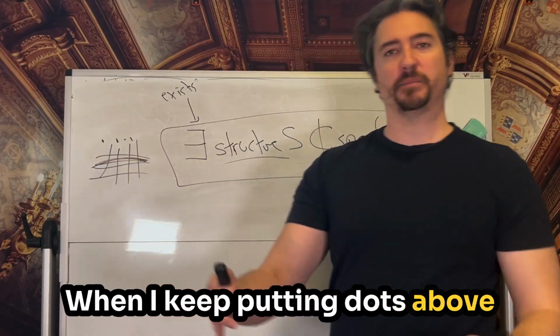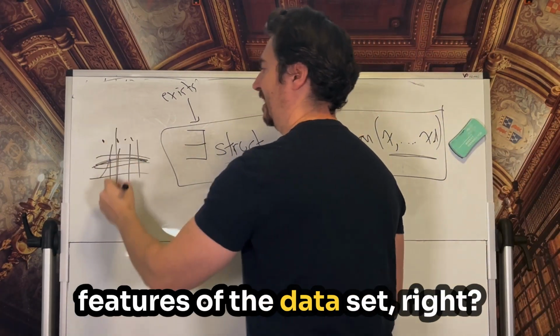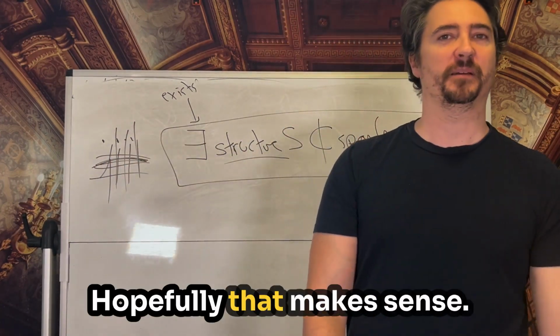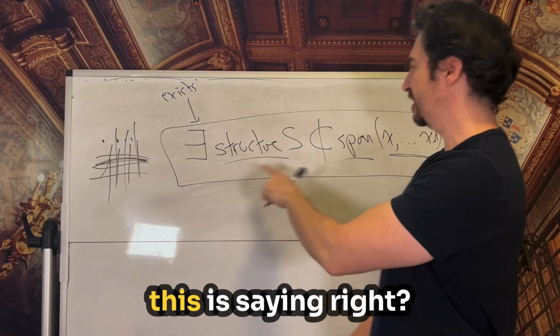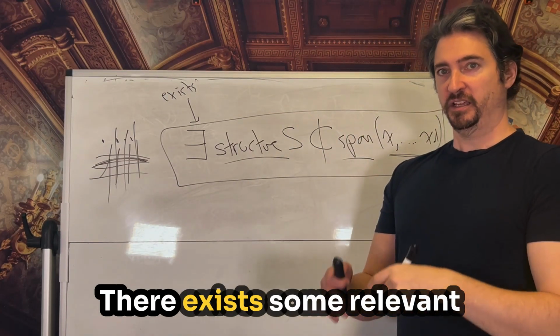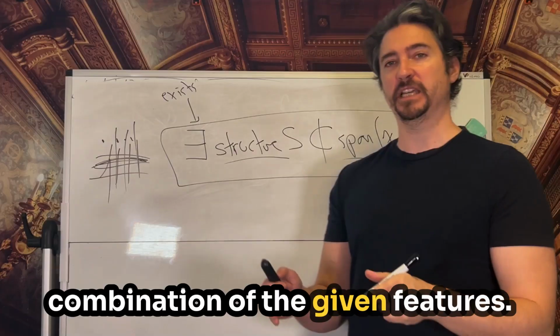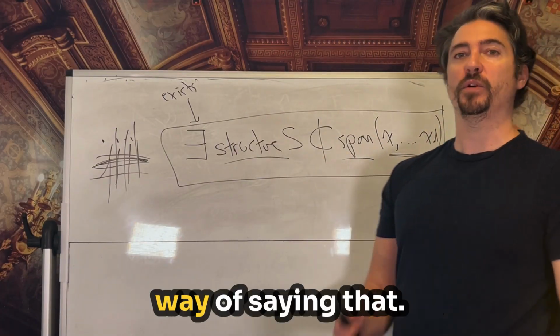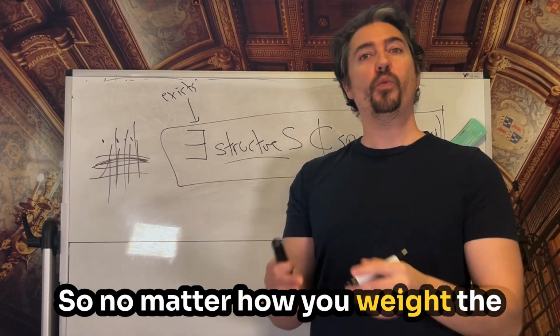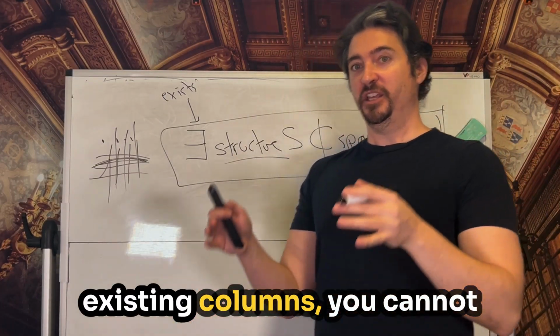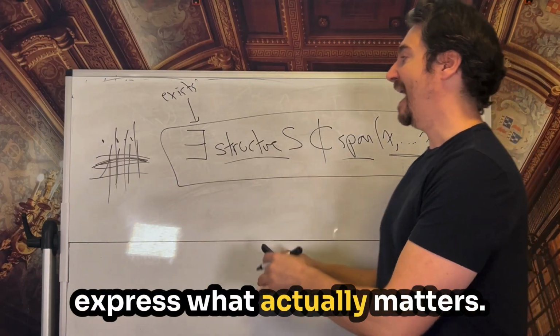When I keep putting dots above the columns, I mean the features of the data set, the columns of the data set. Hopefully that makes sense. So there exists some relevant structure that cannot be expressed by any linear combination of the given features. So no matter how you weight the existing columns, you cannot express what actually matters.